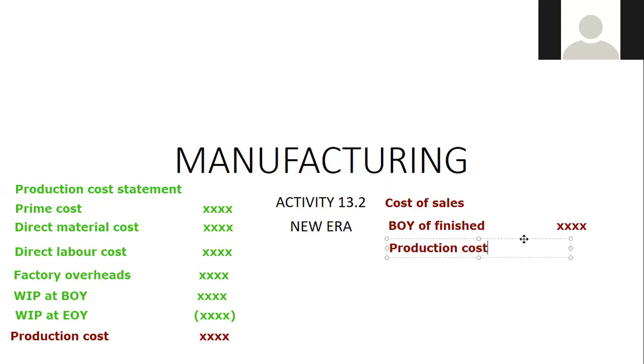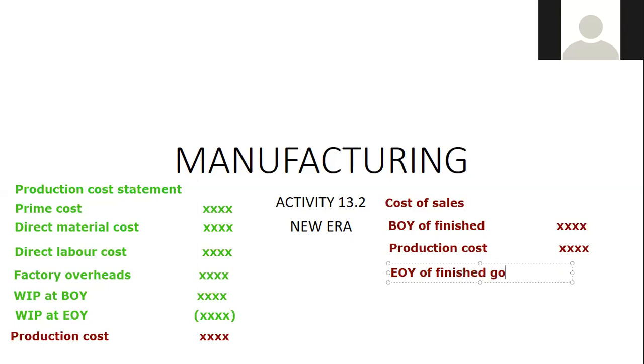And this production cost, where does it come from? It comes from your production cost statement. Did you get that? Yes. And after your production cost, that's when you're going to have balance at the end of the year, but it is of finished goods.